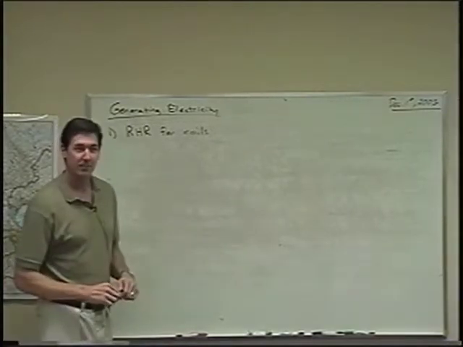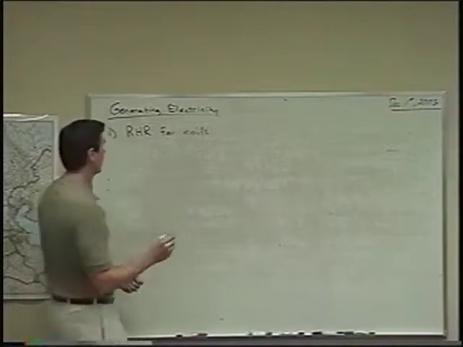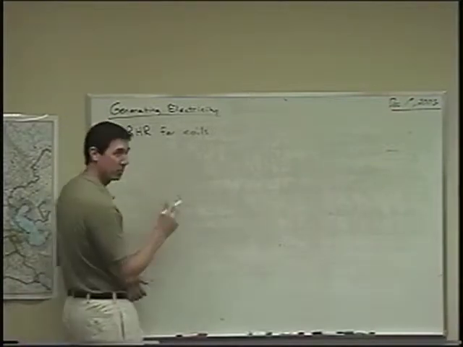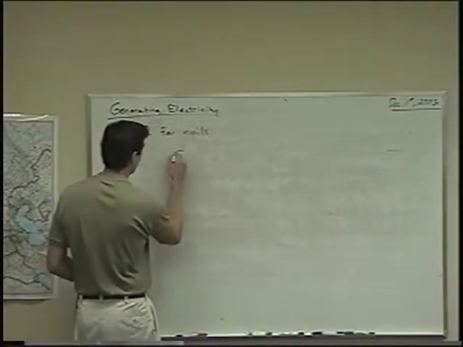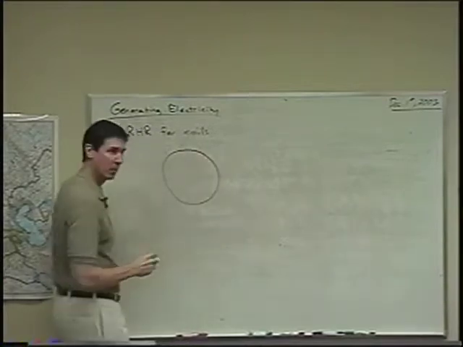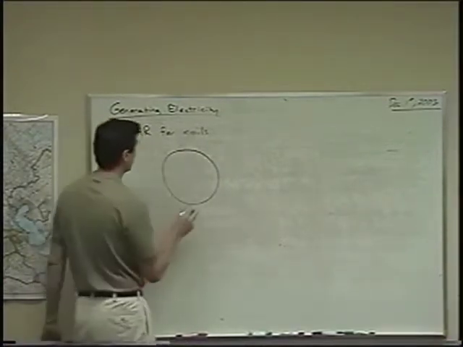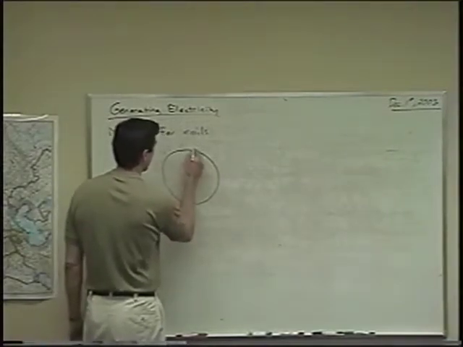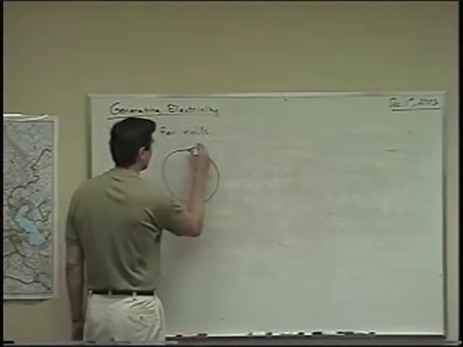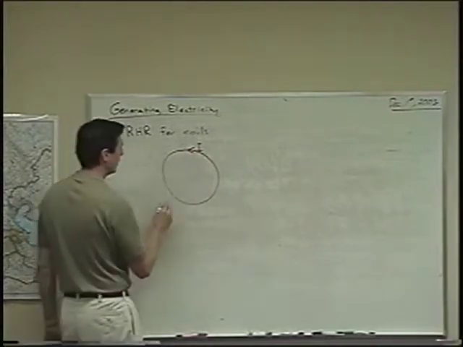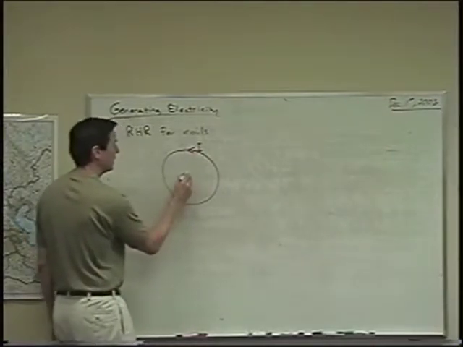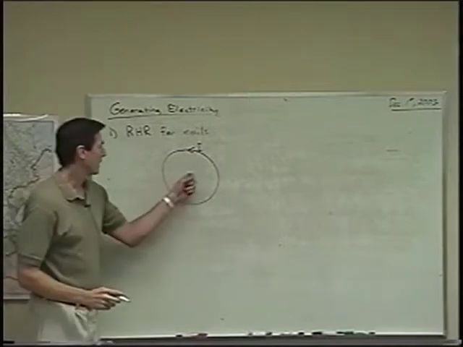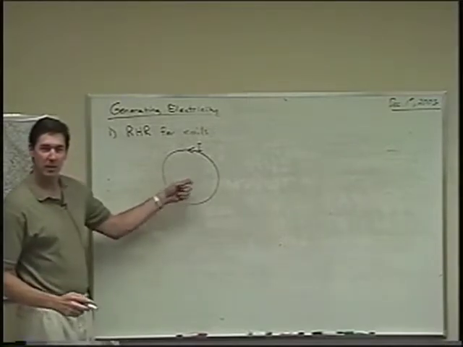Remember what Ampere's rule was. Now, let's say we have a loop of wire, and let's make the current go around counterclockwise. So now what direction is the magnetic field in the middle of that loop?